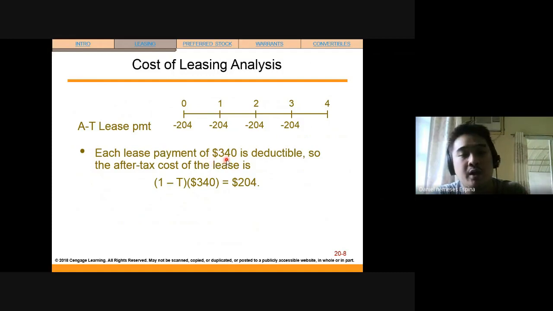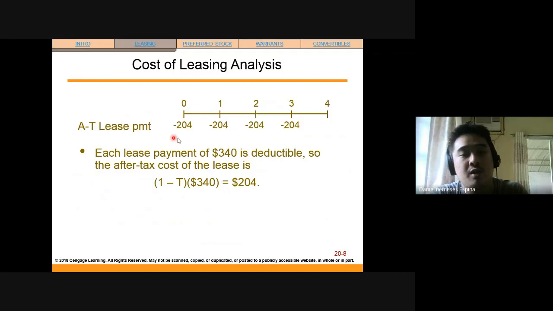So at the beginning of the year, the after-tax cost of the lease is multiplied by 1 minus t, or 1 minus 40%, or simply 60% times 340. So your total cash outflow per year is 204. At the start and every year afterwards, you are going to pay 204,000.